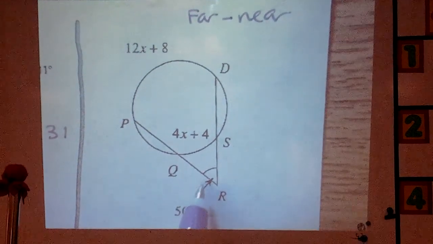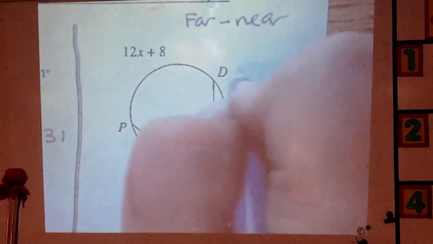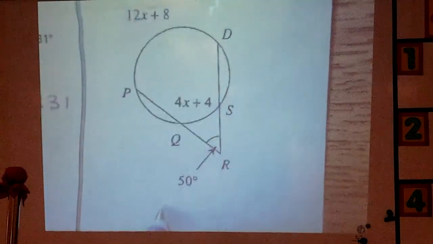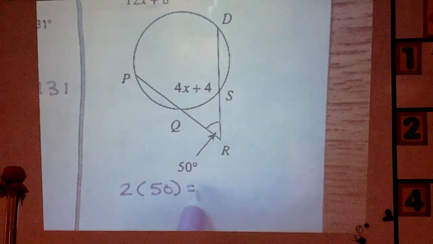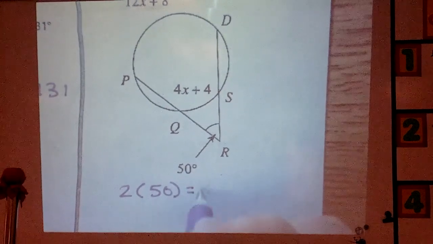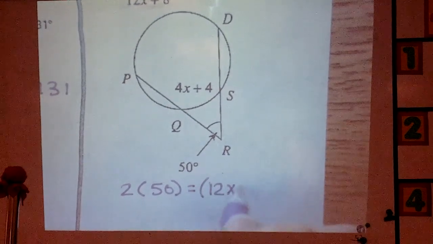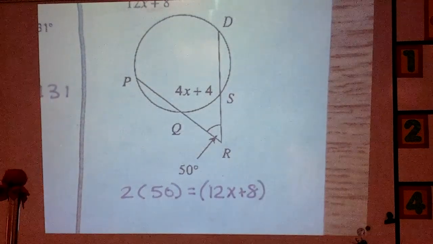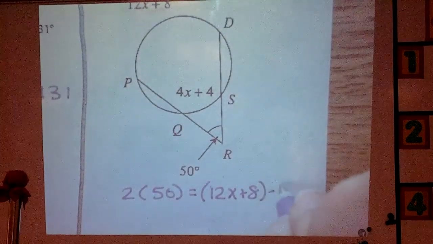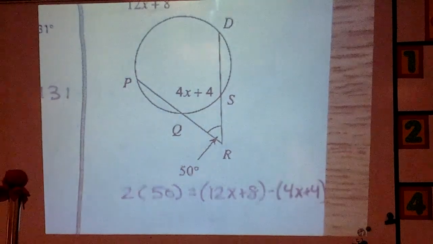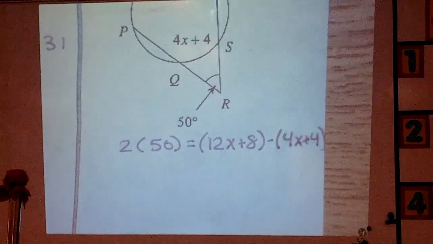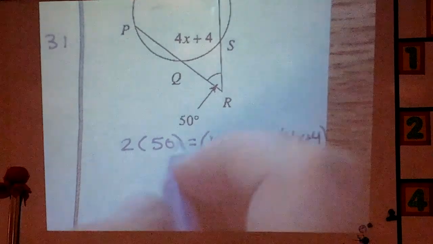So in this problem on the top right, I'm going to do 2 times my angle, 2 times 50 equals, and I need parentheses because these are expressions, (12x plus 8), my far arc, minus (4x plus 4).